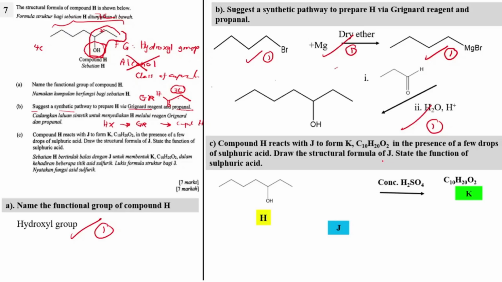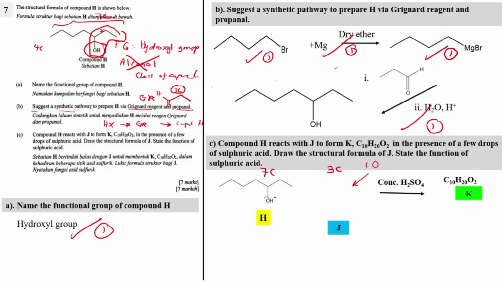So we need to draw the structural formula of J. As you know, our K here will have 10 carbon, but our H here only has 7 carbon. So logically, our J needs to have 3 carbon. Here we'll have 1 oxygen, and here we'll have 2 oxygen, so this molecule needs to have 1 oxygen.